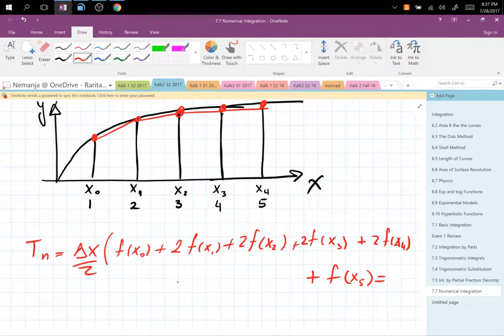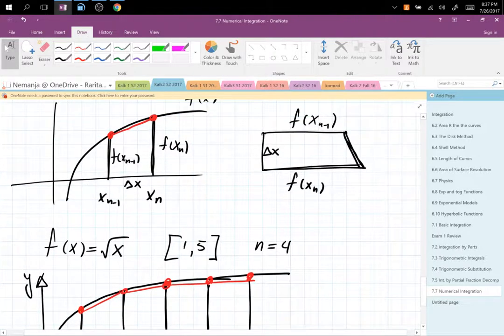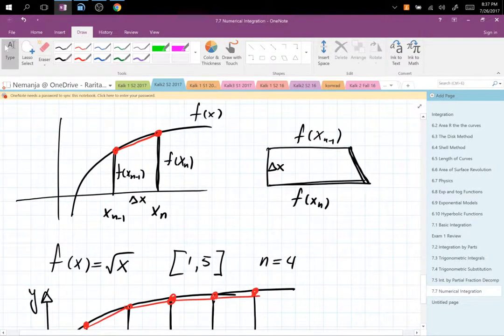Look, guys. To find this line, I have these 2 points. So f of x0 and f of x1. I forgot to tell you the area. Probably you don't remember. The area of the trapezoid is the average of the sides times the height.